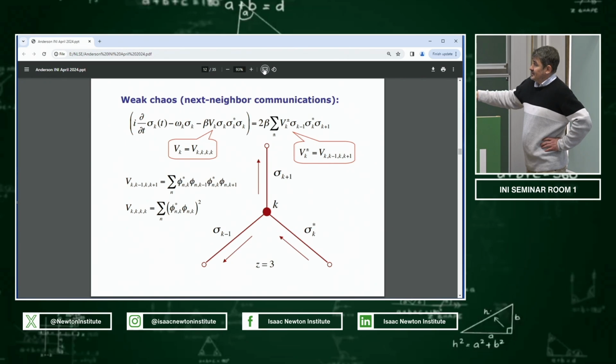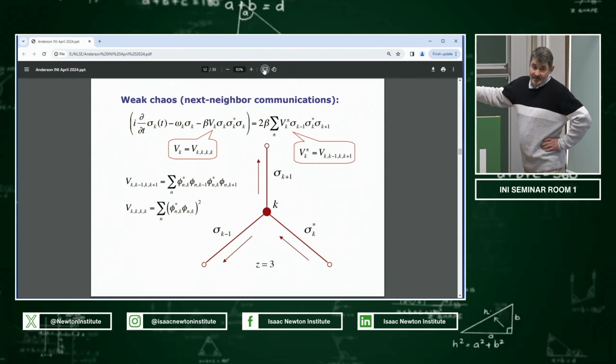The idea is that this nonlinear term with the self-interaction term you associate with a node on a Cayley tree, and each of these coupling amplitudes you associate with a branch of a Cayley tree, where you have one incoming and two outgoing nodes.